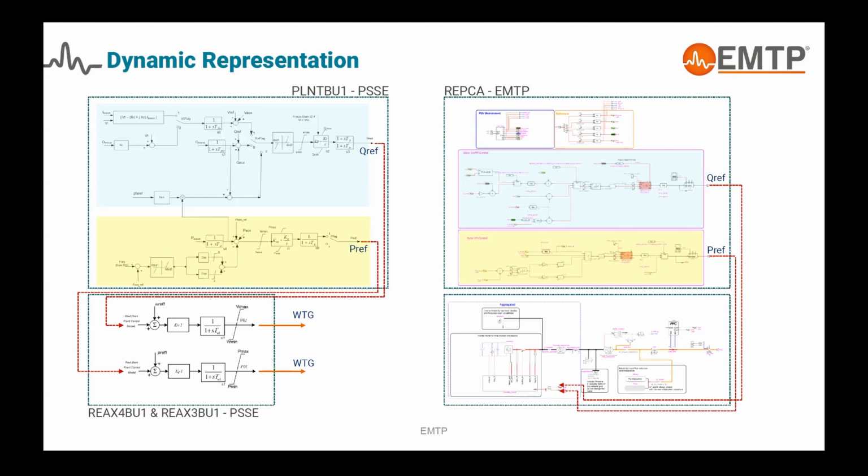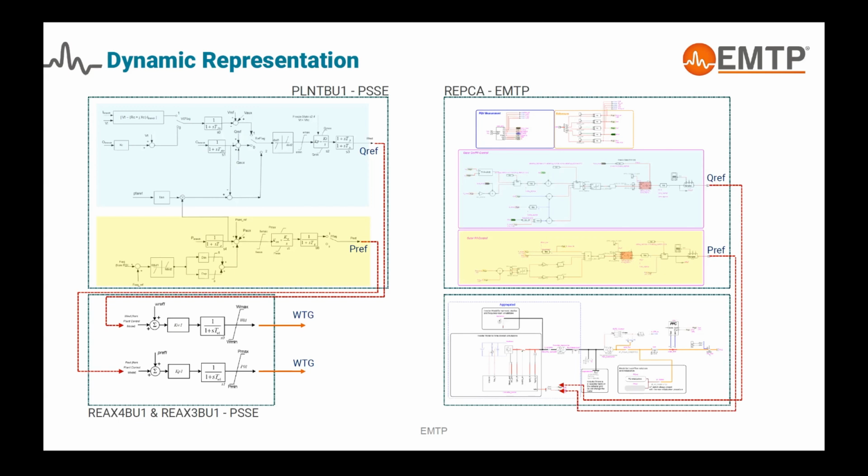But again, you could do something similar here in EMTP, and this is something that, in my opinion, is a very powerful feature in EMTP. You can create and adapt your model. Of course, you need to have the knowledge to do this, but it's very flexible, right? You can create your own component, and this is something that is not easy to do.